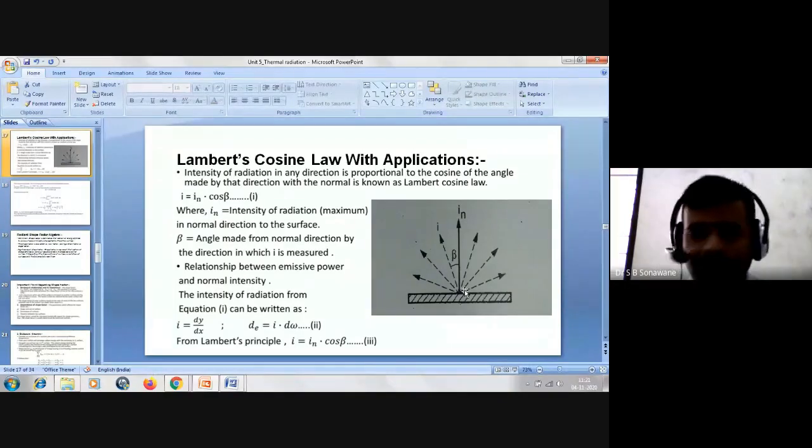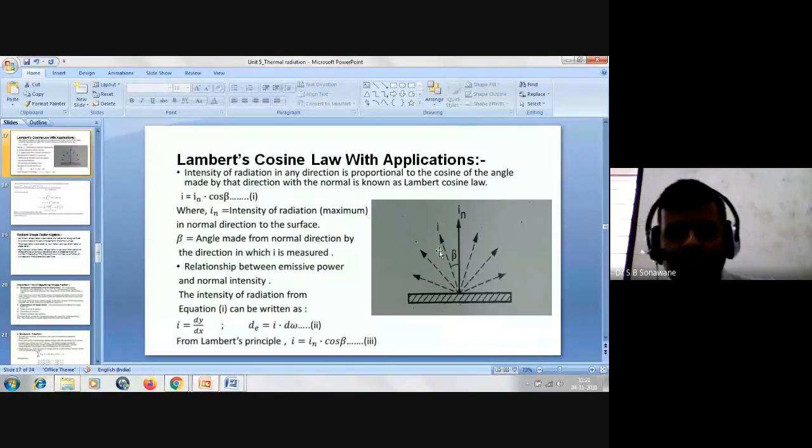According to Lambert's cosine law, the intensity of radiation I in any direction is proportional to the cosine of the angle made by that direction with the normal.